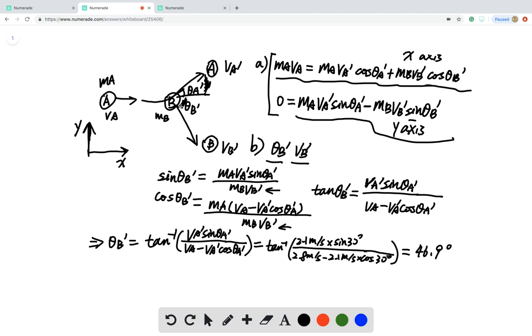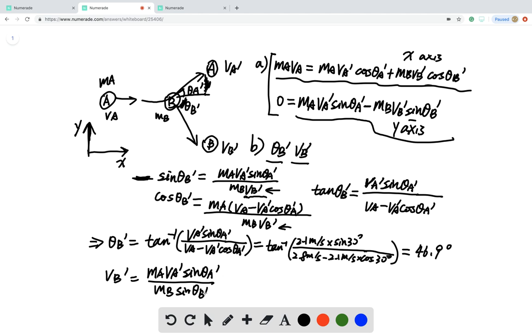And with that, now we will be able to find VB prime. We can do that from either of these equations. I'll just use this equation, and I'll write it so that I have VB prime on the left-hand side. So VB prime equals MA VA prime sine theta A prime over MB sine theta B prime.